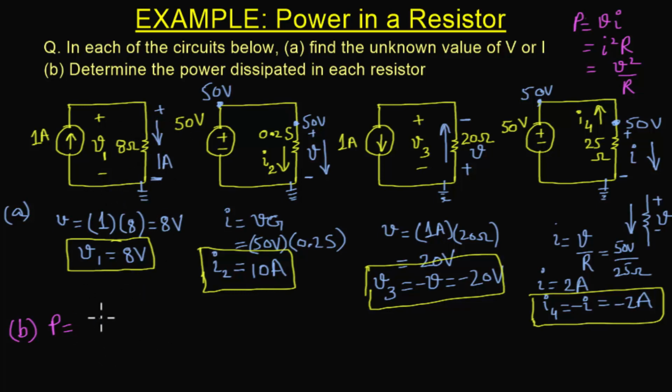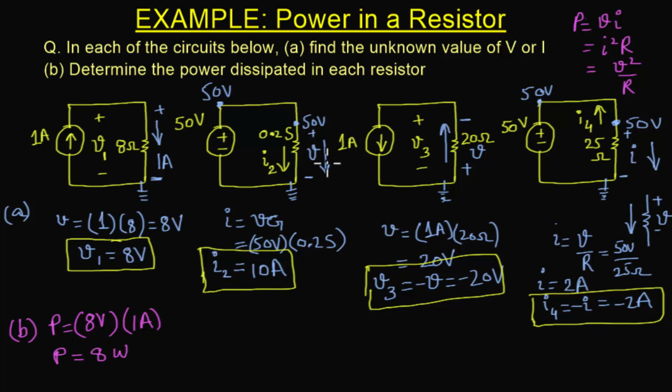Here, we know that the resistor has a positive power because the power is always going to be dissipated in the resistor. So we can simply multiply this voltage with current. The voltage is 8 volts times 1 ampere. So power is going to be 8 times 1, which is 8 watts.